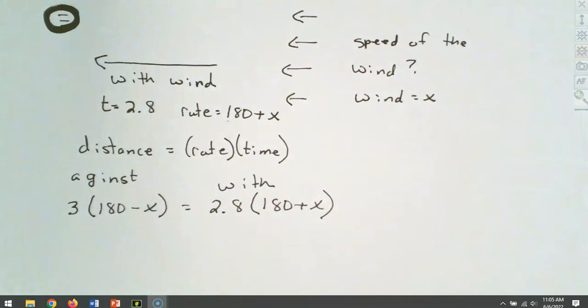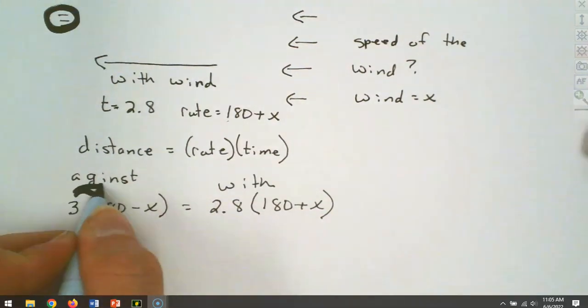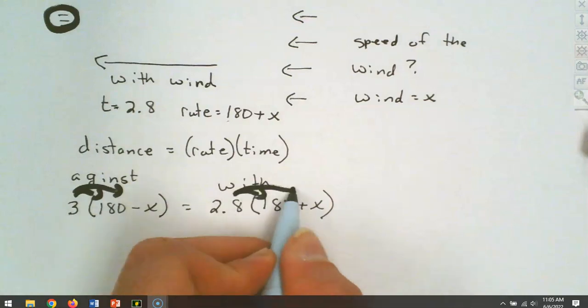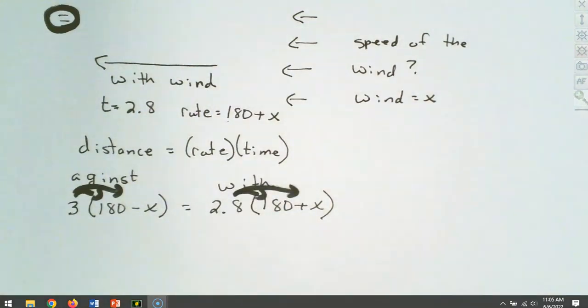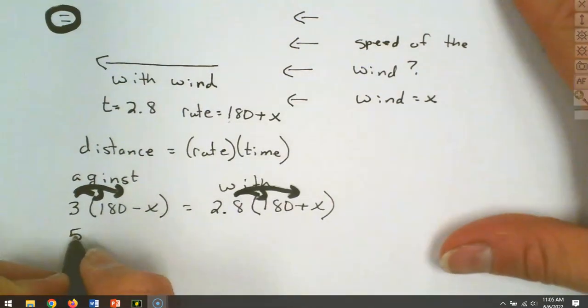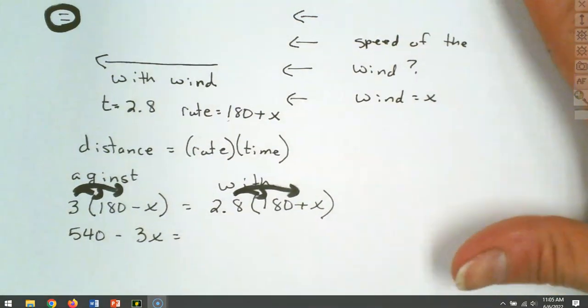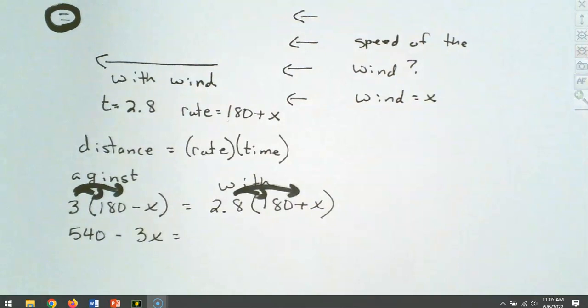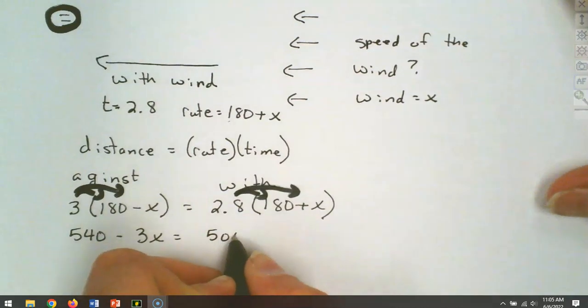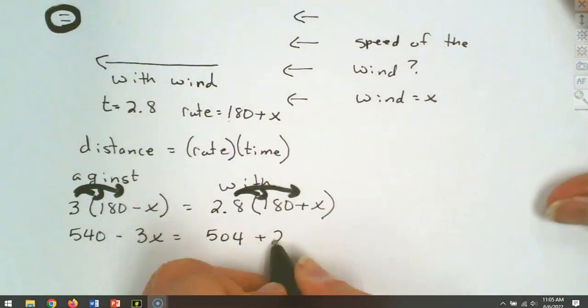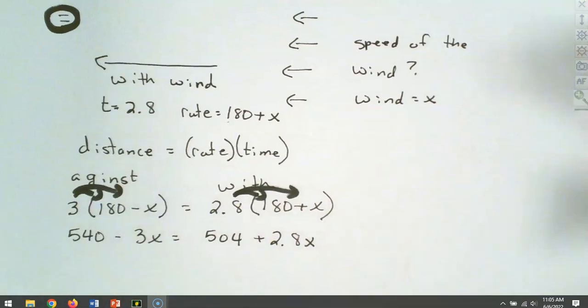Now we can distribute that 3 through, and also distribute that 2.8 through. So when we distribute that 3 through, we've got 3 times 180, and that's 540, minus 3x. On the other side, we've got 2.8 times 180, that's 504, plus 2.8x there.